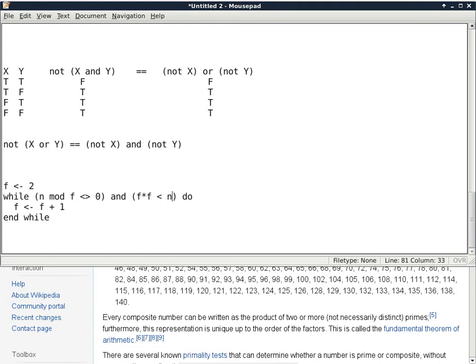Now, if we're working with sequential numbers, like f can only increment by 1, I can get rid of multiplication altogether. I can actually get to the square of the next number without using multiplication at all.